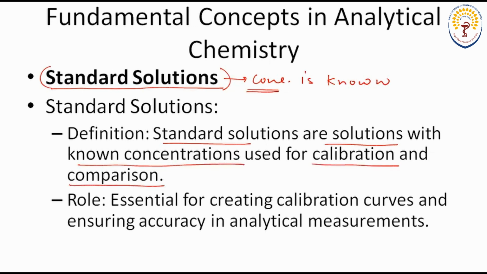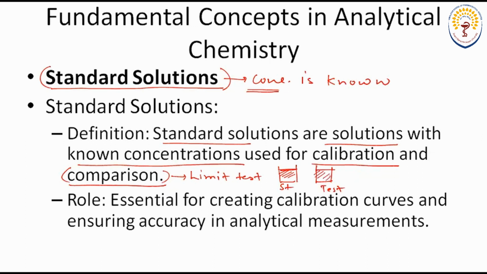And for comparison also. Now why do we require a standard? Obviously we require a standard for comparison. For example, there is a test known as the limit test in pharmacy. In the limit test, we have two Nessler cylinders, two glasswares, in which we take the standard in one and the test in the other one.